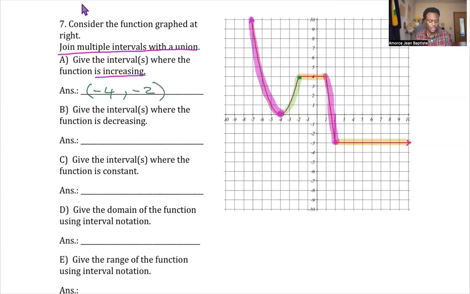That's the increasing. The decreasing interval is from x equals negative infinity all the way to negative 4.